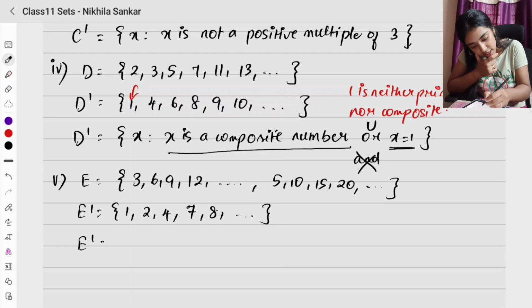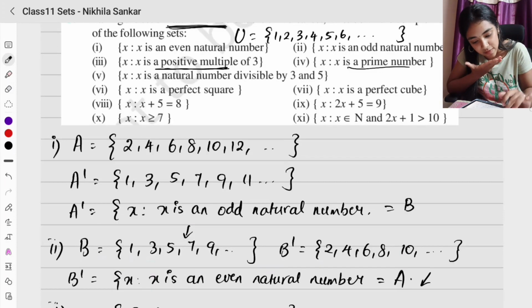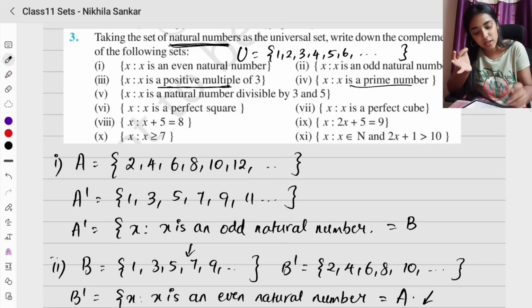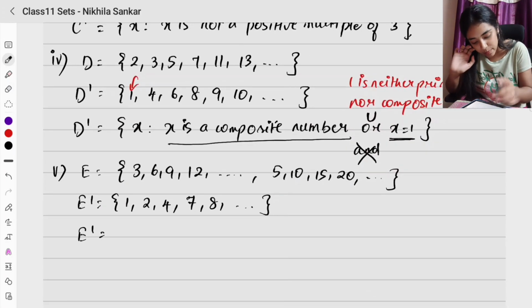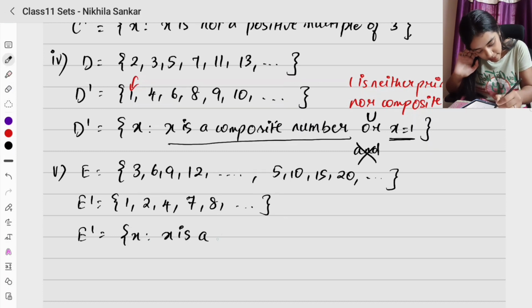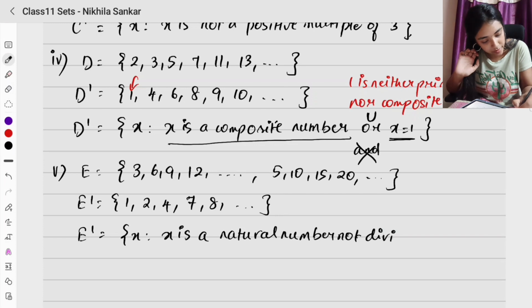So how do you simply write this? Very simple way. x is a natural number divisible by 3 and 5. You write x is a natural number not divisible by 3 and 5. Okay, very simple. So you have x such that x is a natural number not divisible by 3 and 5.